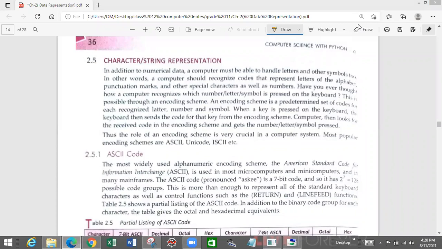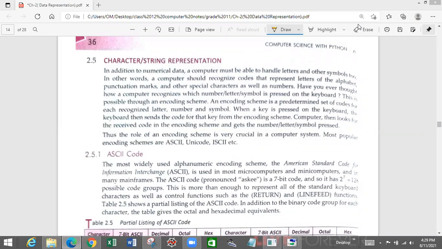Now you see, students, apart from addition of numerical data, our computers handle so many types of processing. They handle alphabets, they handle different kinds of symbols. Now, how does the computer recognize them, what exactly you are typing, what exactly is being written? So for each one of them, symbols or characters, there are different codes.